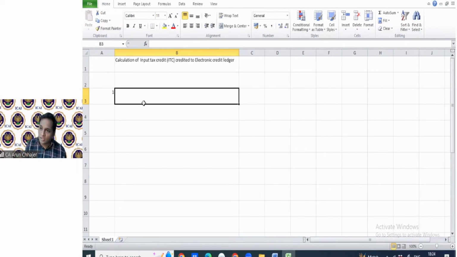So in all these cases, apart from that, if my outward taxable supply exceeds 50 lakh in a tax period, I am required to pay at least 1% of the liability in cash.